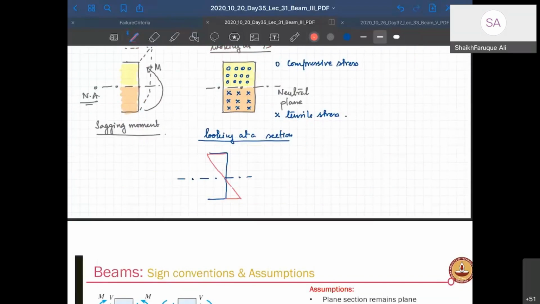So this is compressive stress, and this is tensile stress, right? And they're acting over this area. So something like this. It is compressive here, but it is tensile here, right?